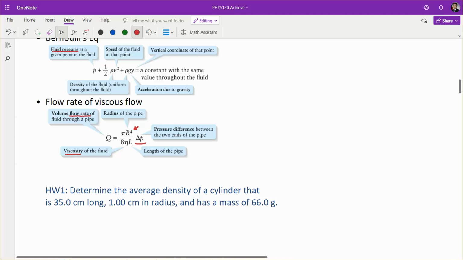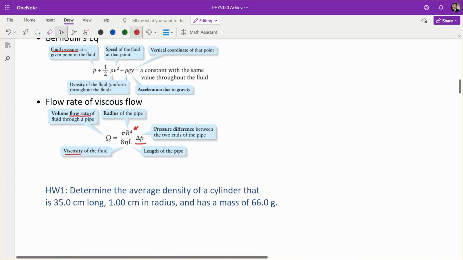Because there is a difference of pressure, it will drive the fluid to flow. So it will flow from high to low, and this is your driving force to make the fluid flow. Okay, so this is something that I want you to know for this chapter.